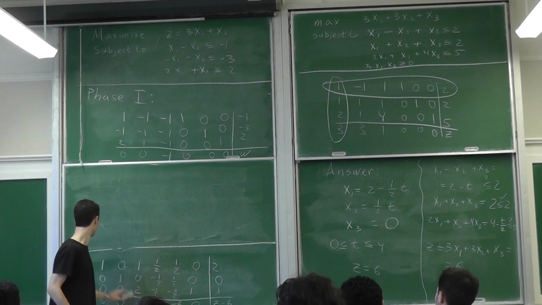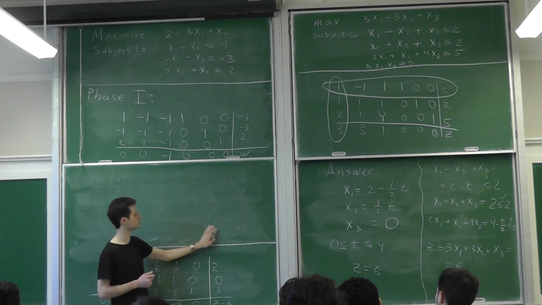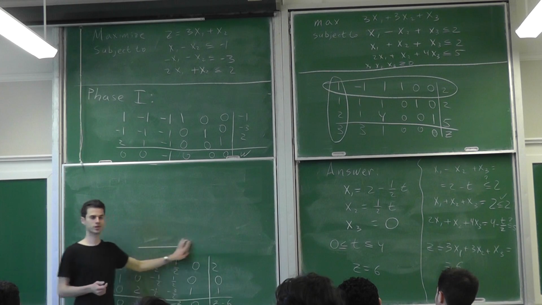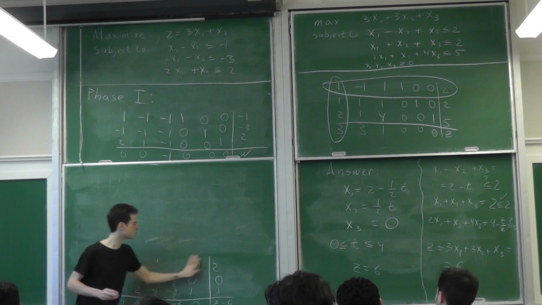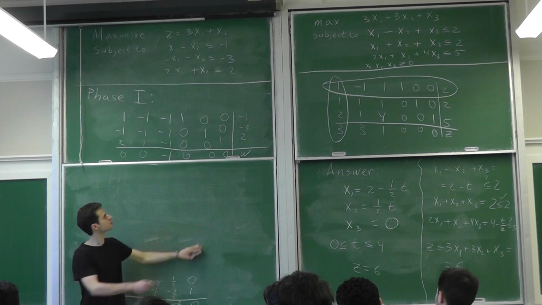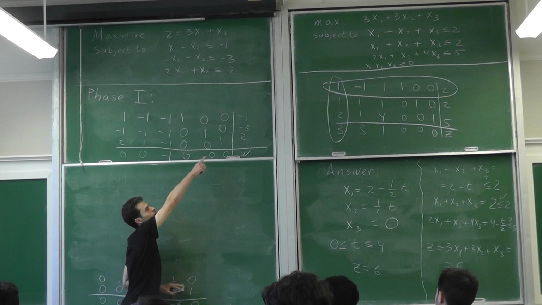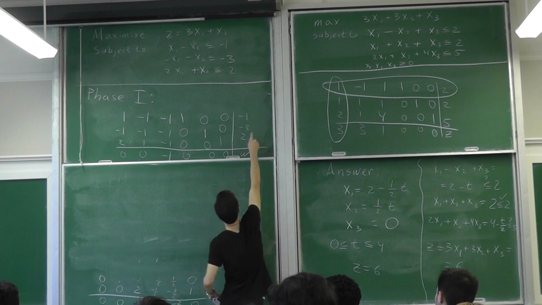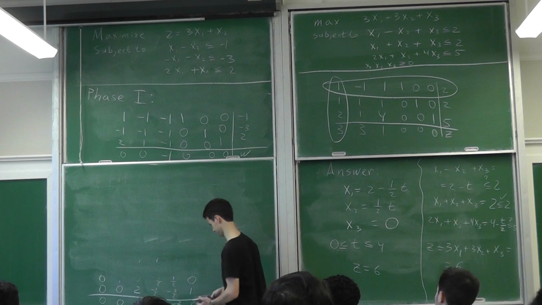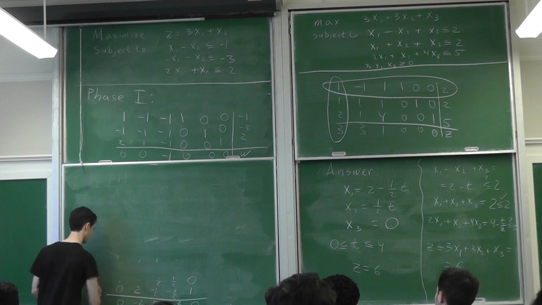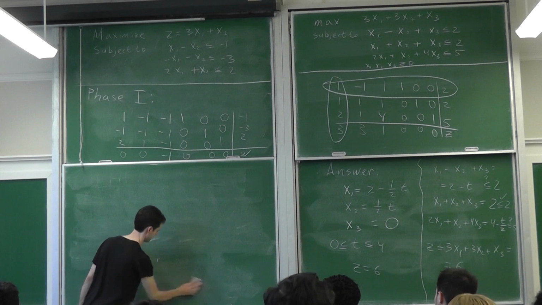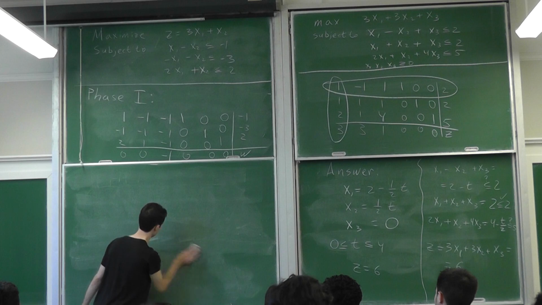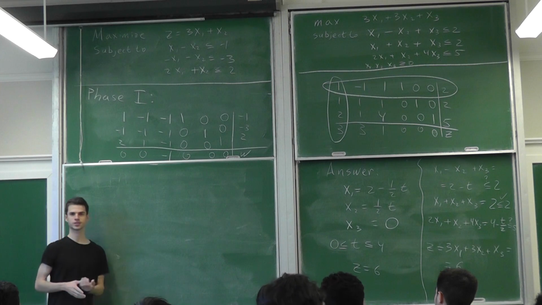Okay, so my first iteration will not try to increase W at all. That's not what I will try to do. All I'll try to do is just make my first solution feasible. So I'll try to make these coefficients positive. How will I do this?